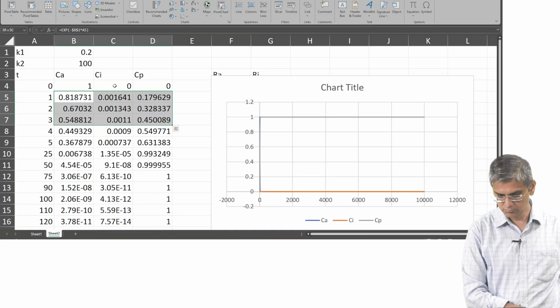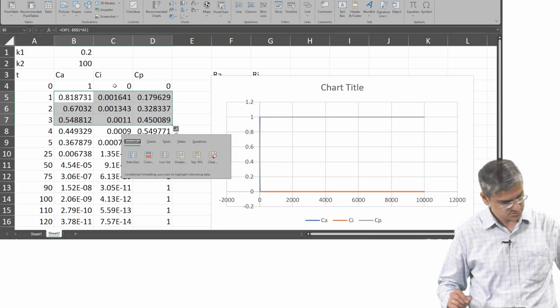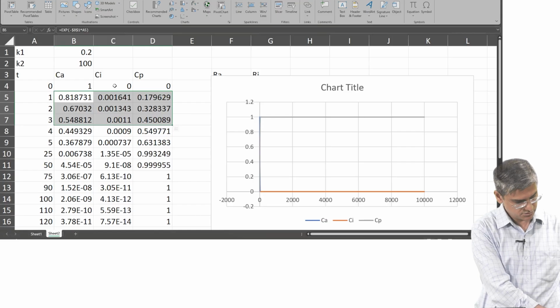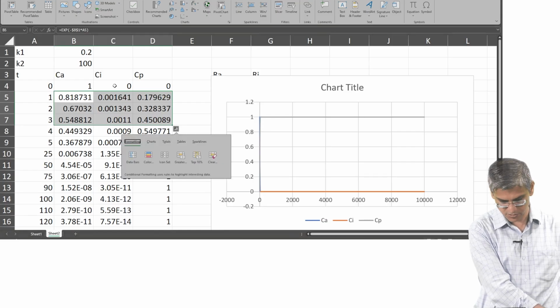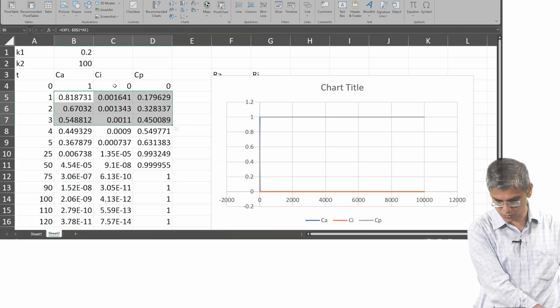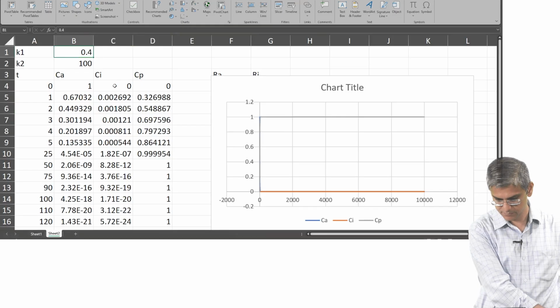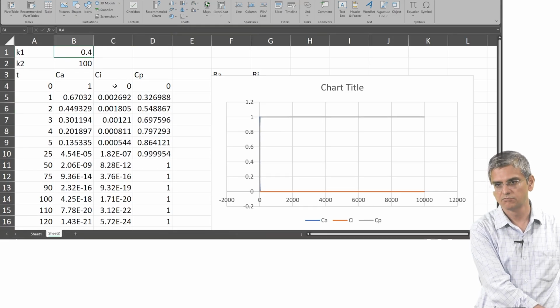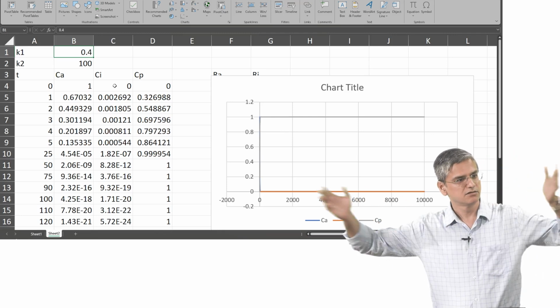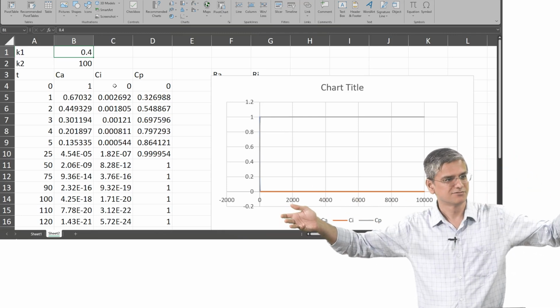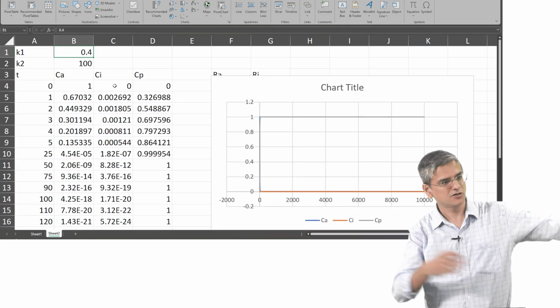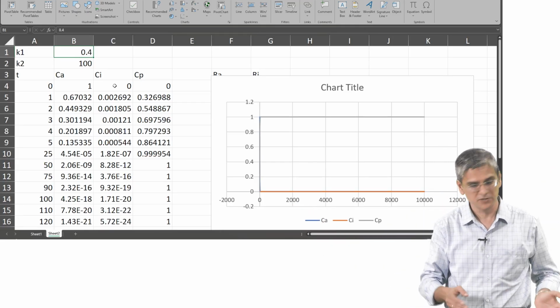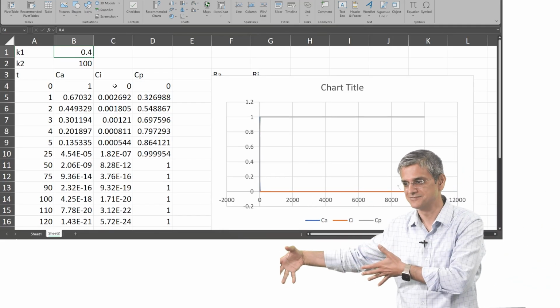Just focus on this, it will not remain highlighted, so you will have to keep your focus. I will do Control Z, see they are all changing. Okay. At steady state nothing is going to change. None of the things that you have learnt is wrong, we are looking in the wrong place.